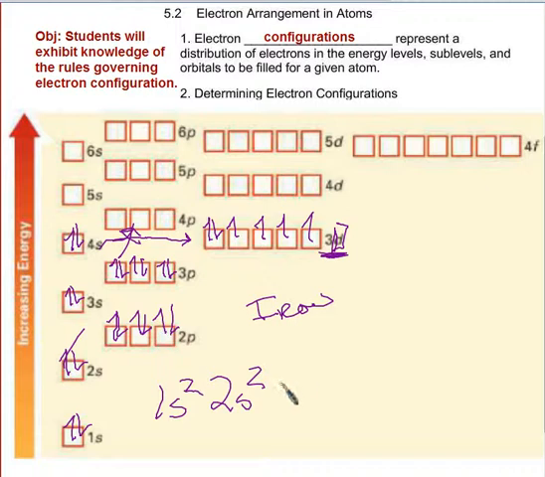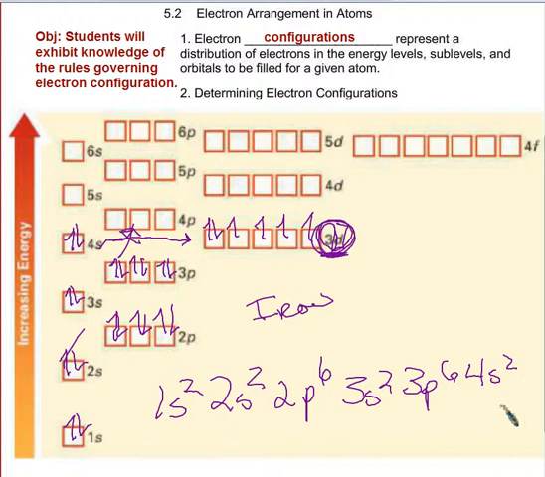This will be 2p6, because we have 2, 4, 6 electrons. 3s2, 3p6, 4s2, and 3d. Oh, sorry, not 10. 3d.